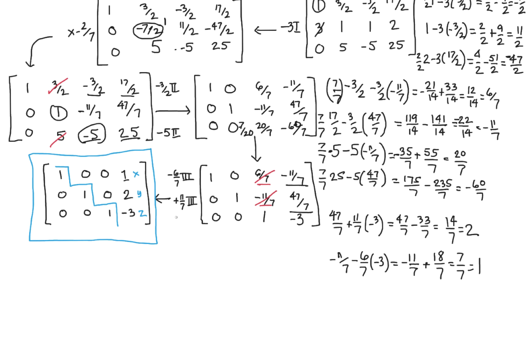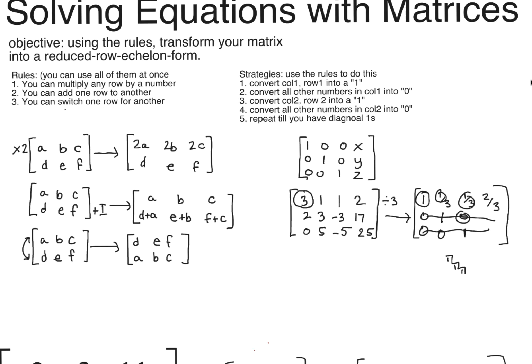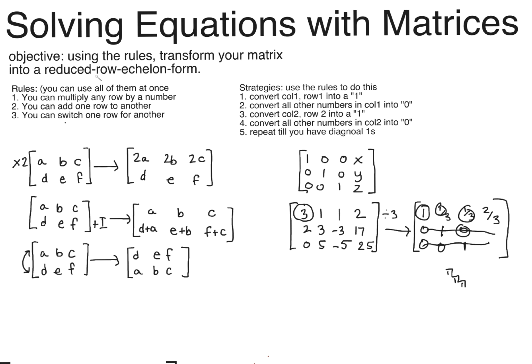You don't need to know that yet. Just remember those strategies, okay? Freeze this video if you want to see the rest, but let me just go back to where we started, which is remember this, okay? Here are the rules, write them, tattoo them on your hand, because you're going to see them all the time. We're going to be working this all the time. And our strategies, notice how we followed each one of these strategies, okay?